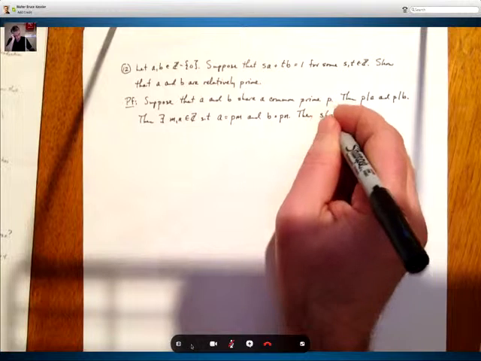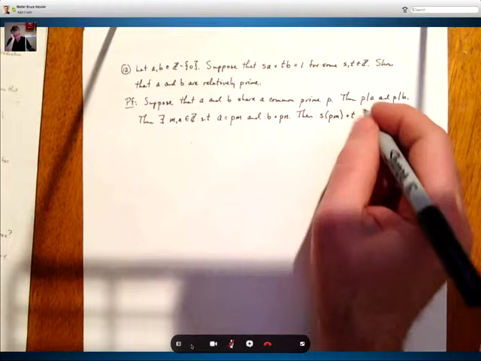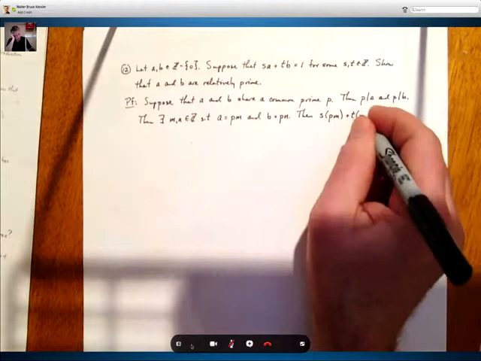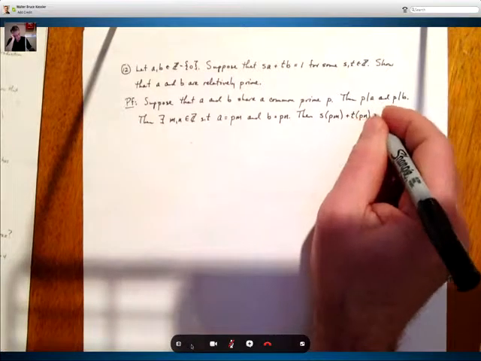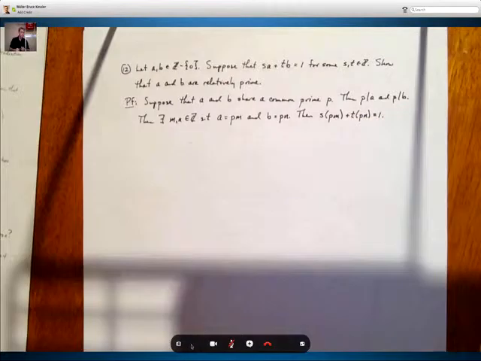Then let's go into this. This is where things get a little wild. Then S times PM plus T times PN equals 1. And now note, this is not a chain of inequalities. This is an equation. So this is a situation where I could, if I wanted to, pull things from one side to the other.